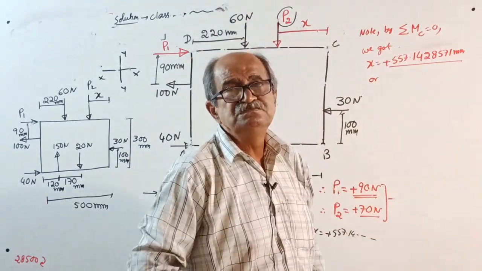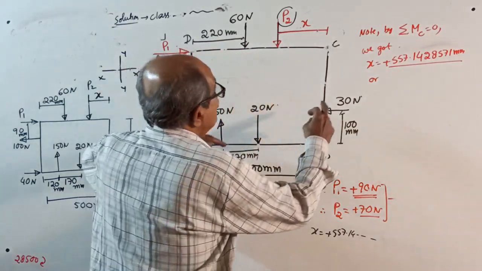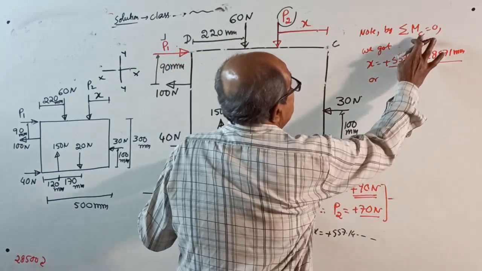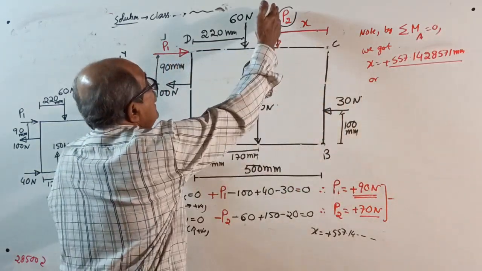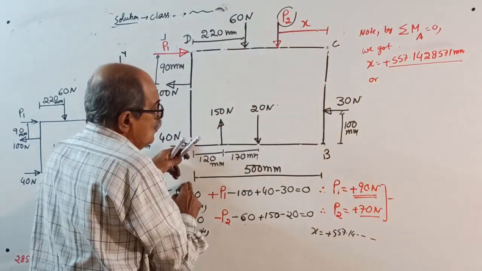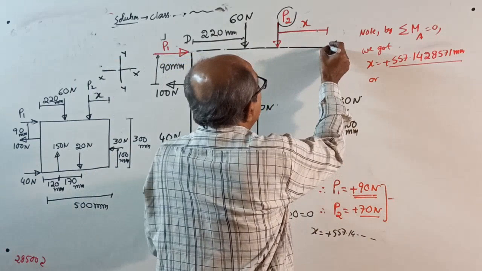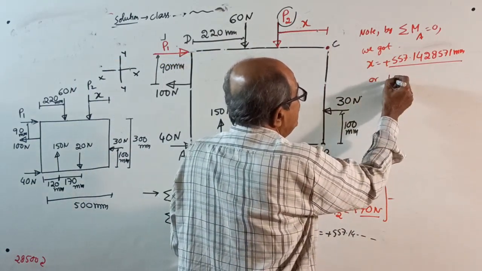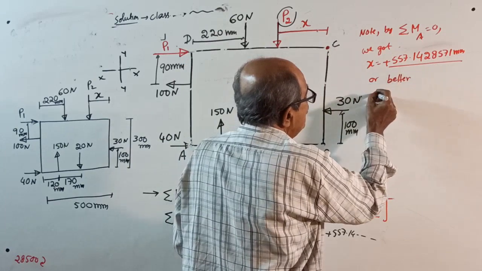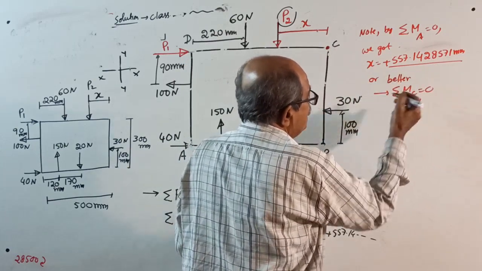But make a note. You can take moment about any point. When you took moment about A, we got P2 into 500 minus X. It is better to take moment about C. Sigma M about C equal to 0, clockwise positive.